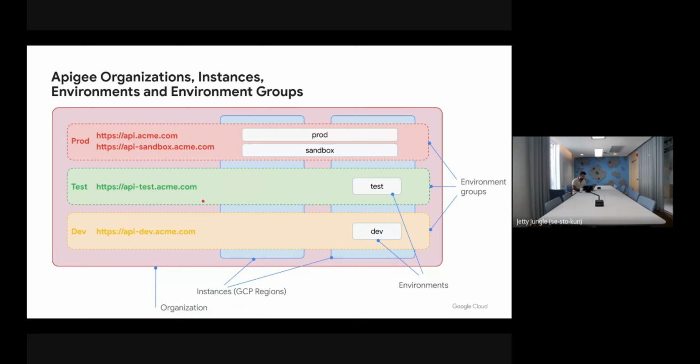So if you configure an API in production, then both the instance in US and EU would have access to this environment, or would be associated with this environment that we have created over here. So you don't have to manage multiple instances. You will configure a proxy once, and you will choose that you want to publish it to the production instance and production environment, and then it would be available in both regions that we have deployed onto.